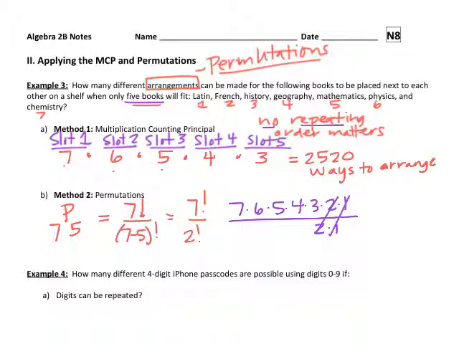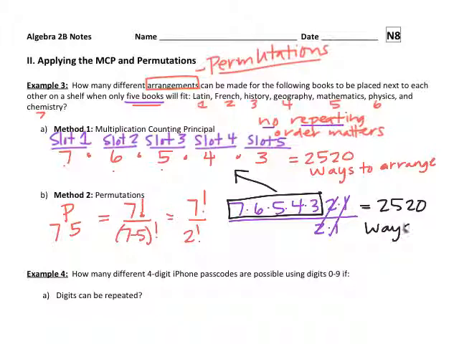Now, if you notice, this is exactly the same thing as we had when we were using the multiplication counting principle. So we still have 2,520 ways to arrange these 5 books on our shelf out of the 7 that we started with. So there are 2,520 permutations, just like there were 2,520 ways if we use the MCP.